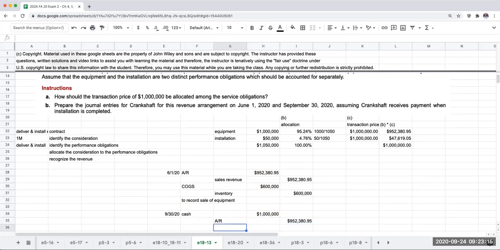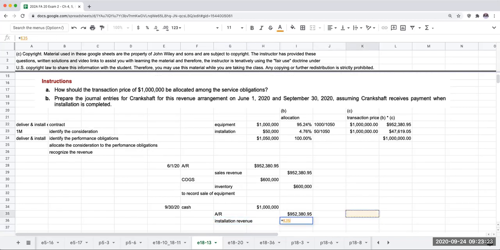My remaining amount is going to be services revenue or installation revenue. My installation revenue over here is 47,000. So basically to record installation and receipt of cash.